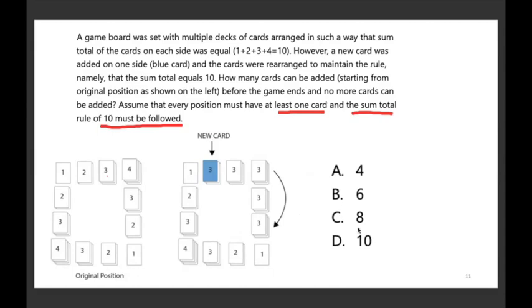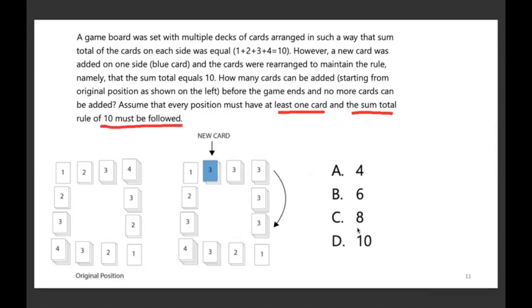Okay, let's do this. I'll just explain it again. There's a number of cards. There's 1 card, there are 2 cards, 3 cards, 4 cards. This is not card number 1, card number 2, but it gives the total number of cards in that space. There's 1 card here, that's why 1. There are 2 cards here, that's why 2.